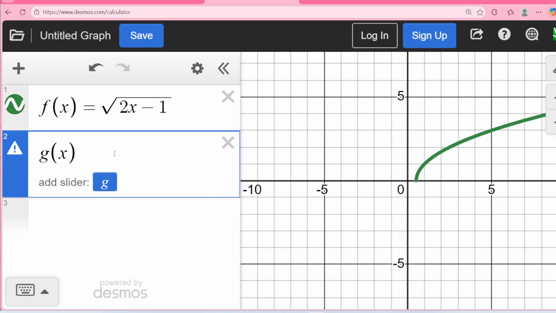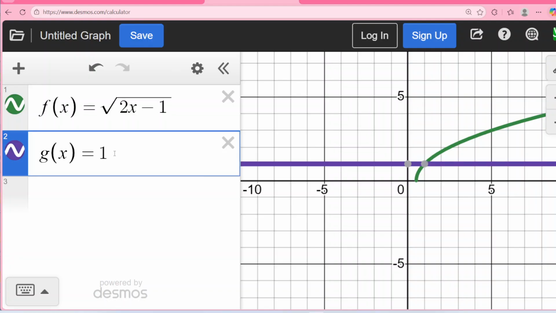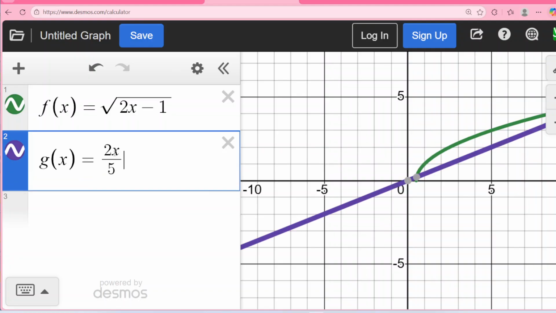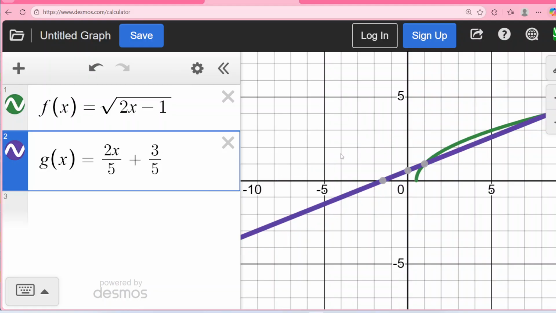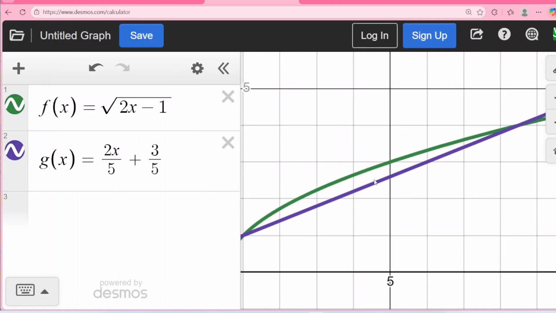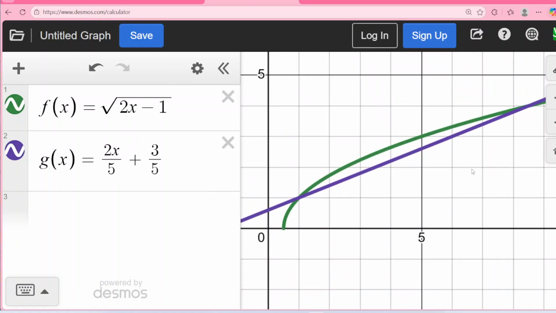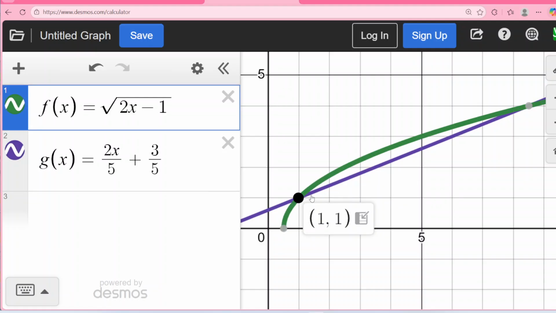G of x was 2/5 x plus 3/5. And you see how the green curve is above the purple curve, and they meet at 1, 1 and 8.5, 4. That was your 17/2, 4. So you see this little thin white space between them. That's what we're trying to find the area of.